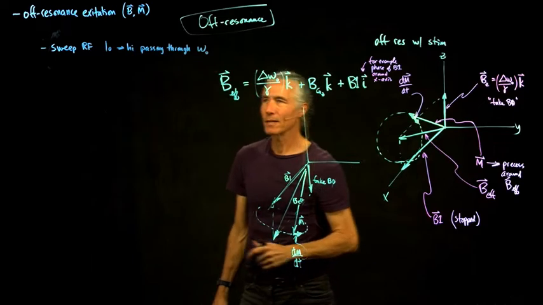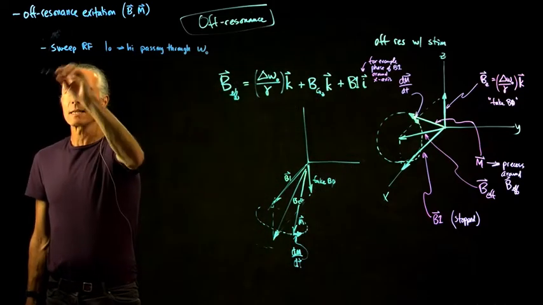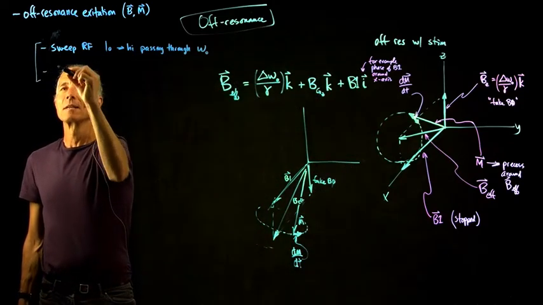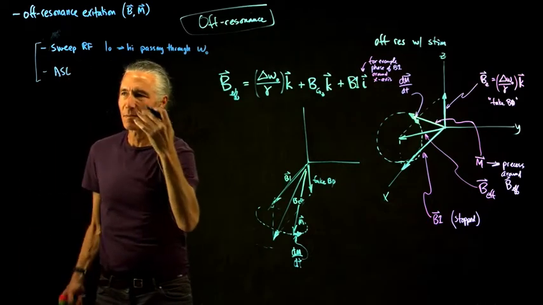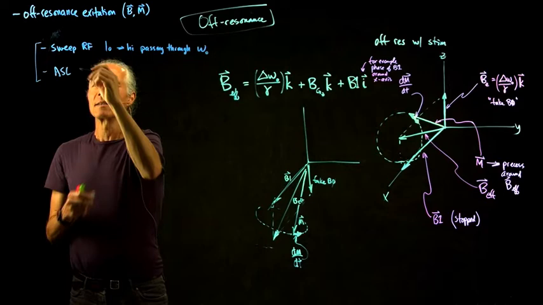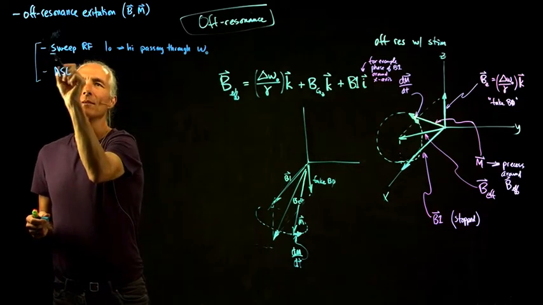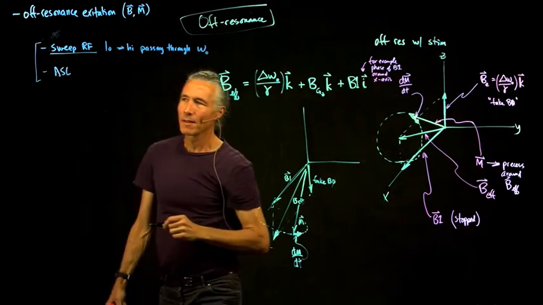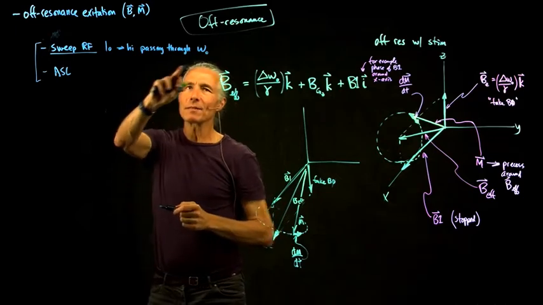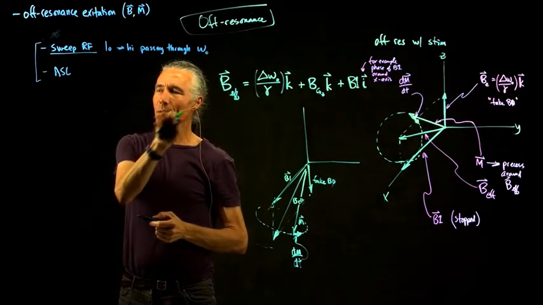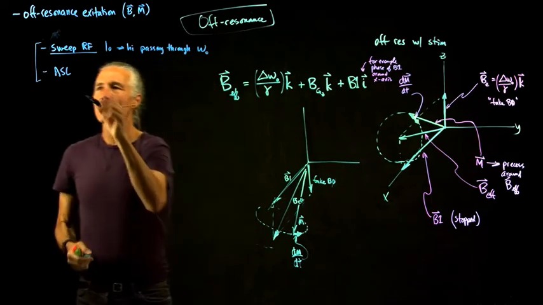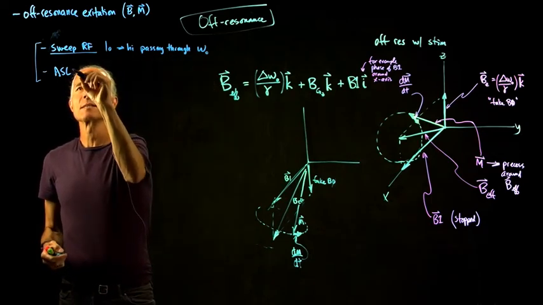That's one way of doing it. But equivalently, we could do what we do with ASL, which has the exact same effect, but is kind of the reverse. So we could either sweep the RF, leave the resonant frequency the same, don't mess with the gradients, and just sweep the RF.